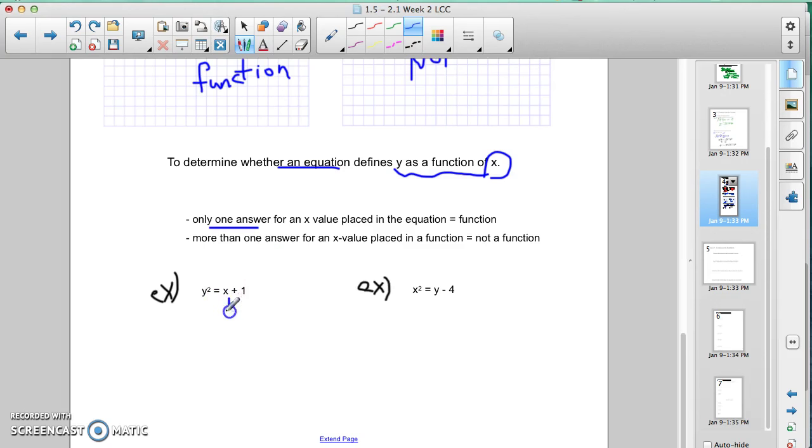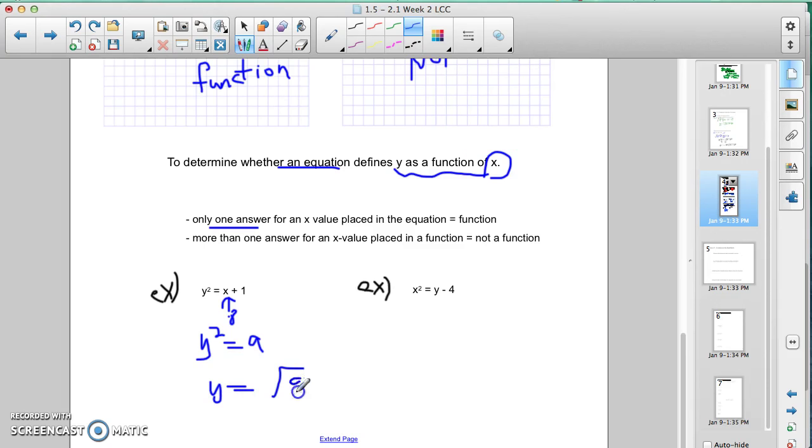So let's try a number that we can easily do. If I have y squared equals, let's put 8 in there. So 8 plus 1 is 9. So my answer for y here is the square root of 9.